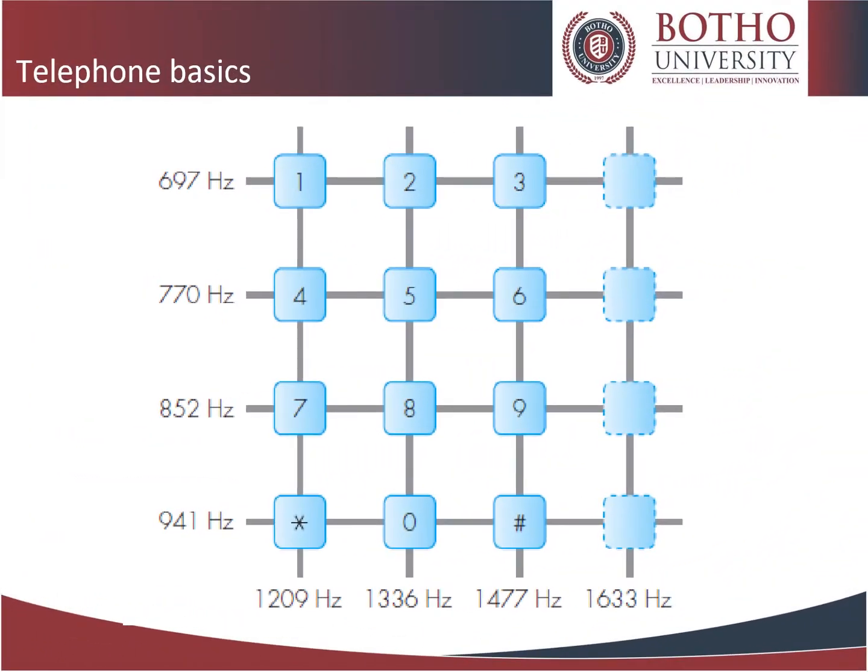The subscriber proceeds to enter the number of the called party using the telephone keypad, which is connected to the dialer. When each key on the keypad is pressed, a pair of single-frequency tones is applied to the line by the dialer. This type of dialing is called dual-tone multi-frequency, DTMF, keying.